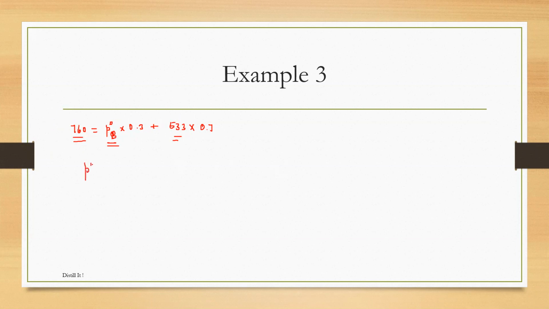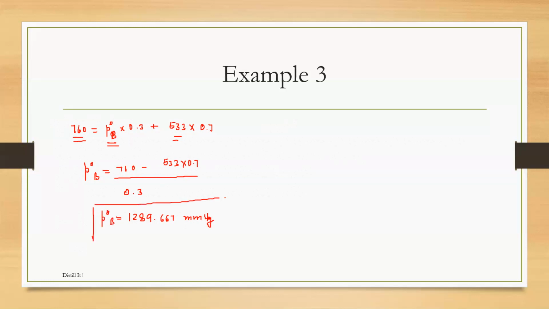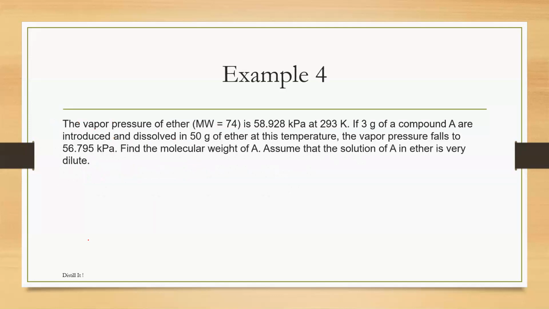So when we solve this problem, we get 760 minus 533 into 0.7 upon 0.3. So that is going to be equal to 1289.667, same unit, millimeters of mercury. This is your answer. All right.